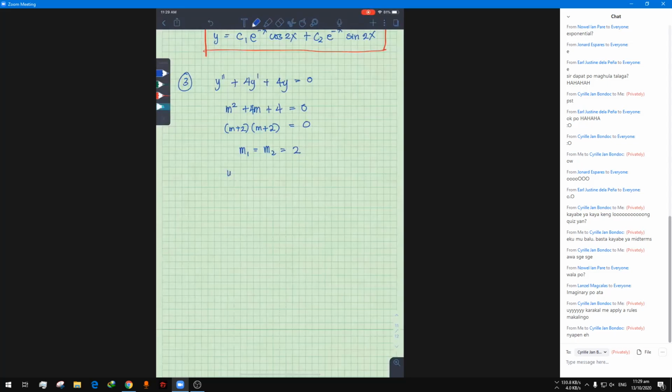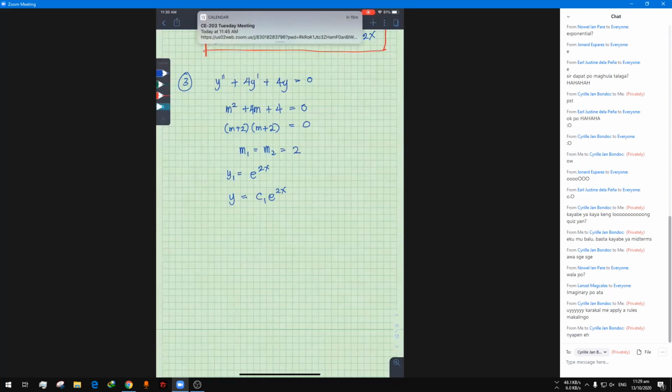Ngayon, ang isang solution natin would be e raised to 2x. Okay? So pwede ba doon na ang general solution natin is C1 e raised to 2x? Okay, so supposedly that would be our solution. Kasi nga parehas yung roots is parehas na 2. Ang problema dito is there's only one solution. So hindi pwede yun. Since this is a second order, dapat dalawa ang solution ng differential equation.